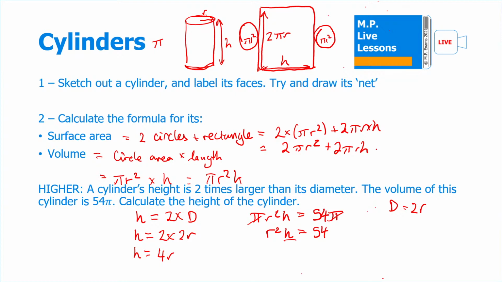And what we can do is substitute r out. So we have r on its own like this, and we substitute this in. So when we see r, we just write h over 4 instead. Then we can just get h cubed over 16 equals 54.